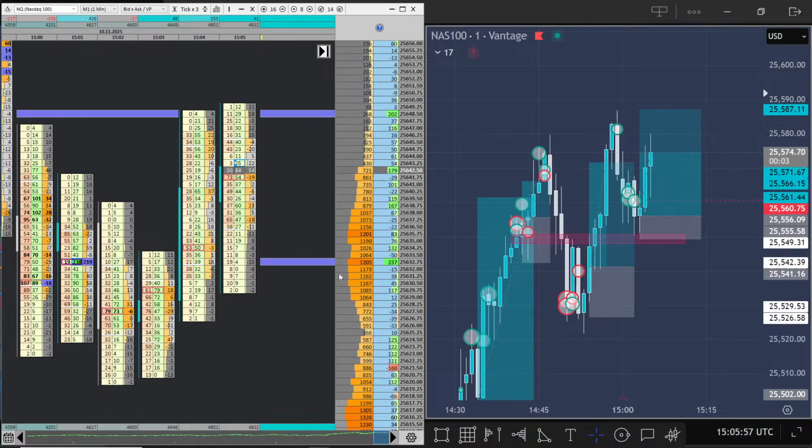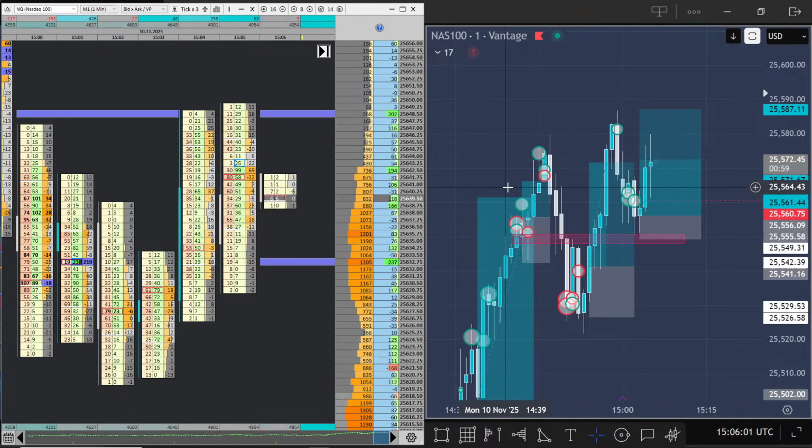They're small positions and the risk to rewards are very good.